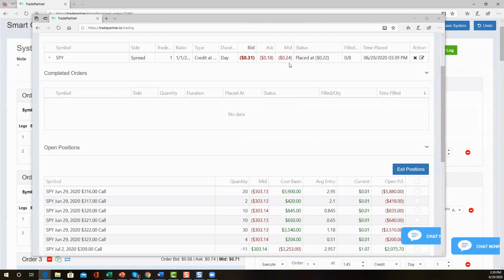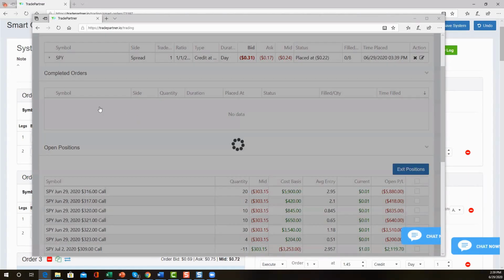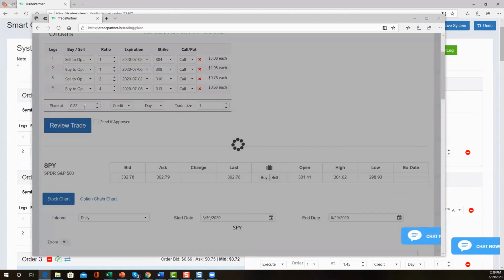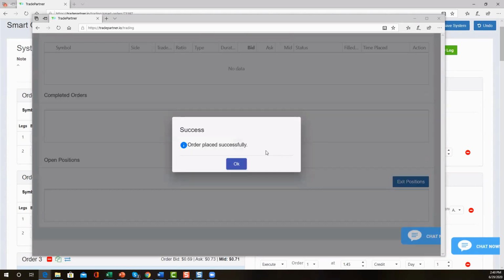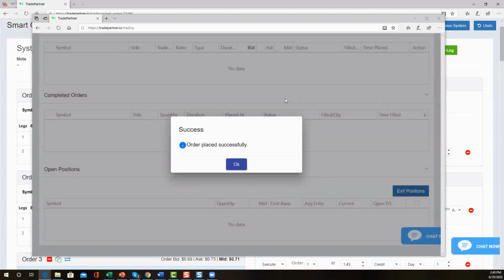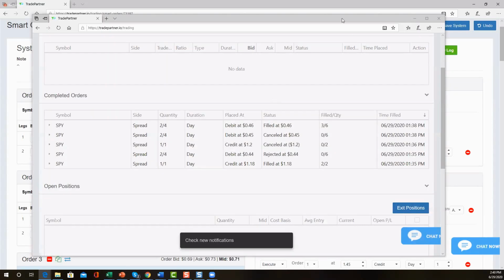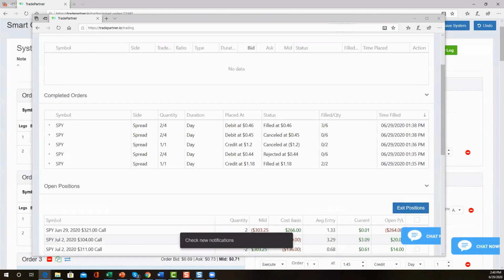Anyway, so this is at a 22-cent credit. To get filled on one order, let's go down by 2. And by the way, you can do this using smart fills if you wanted to, up to a certain point.